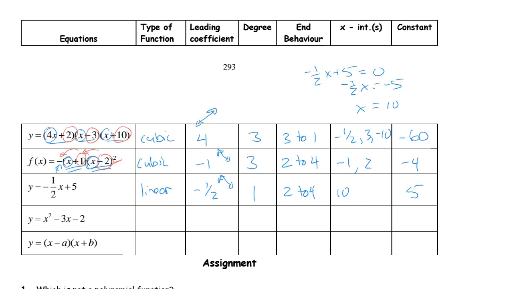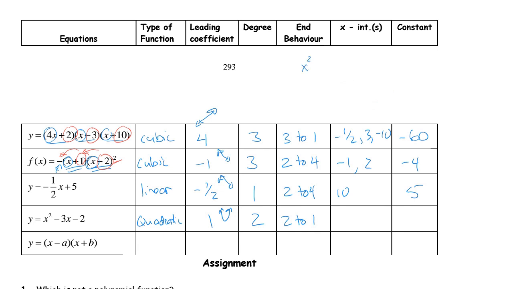This next one is a quadratic. Its leading coefficient is 1, so that means it's going to be positive. It's going to open up. Degree is 2. So because it opens up here, this is going to go from quadrant 2 to quadrant 1. X-intercepts. Well, this time it's a matter of factoring this quadratic to solve it. Because remember, what I do is I'm going to set it equal to 0 and solve it.